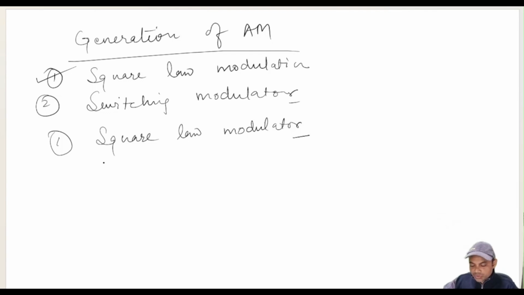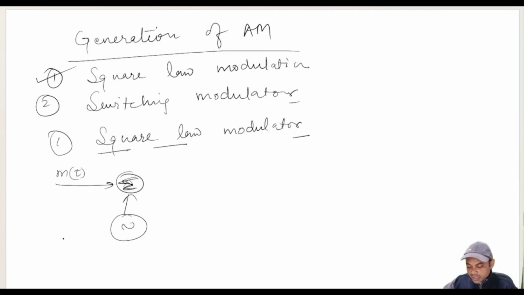What is the circuit of a square law modulator? We will try to understand how it works. In the square law modulator we have just m(t). This is a summation sign, not multiplication. What we are doing is giving the carrier here, A_c cos 2 pi f_c t.